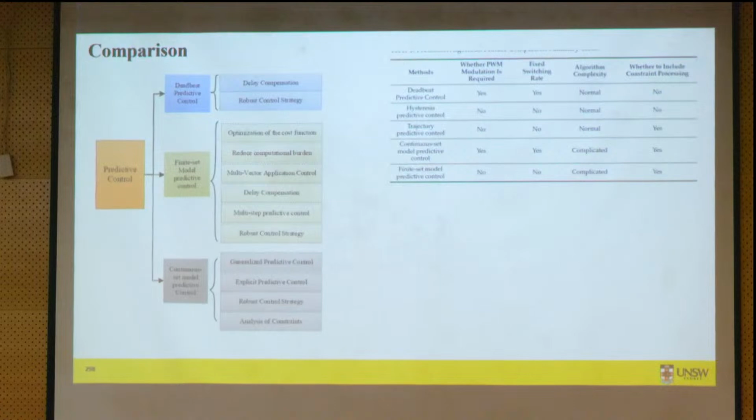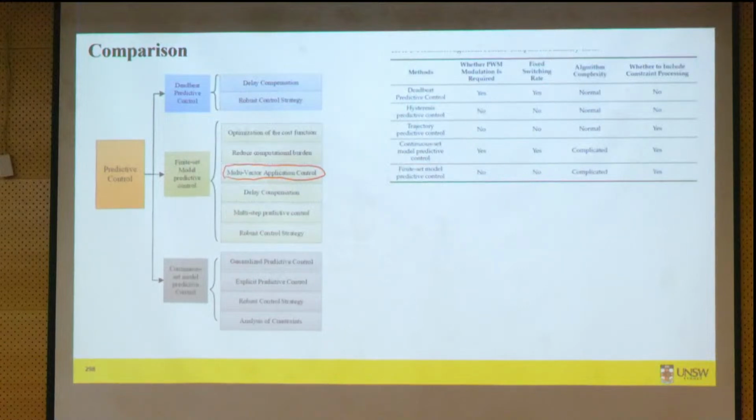One is the deadbeat predictive type. The other one is finite set model predictive control, under which we have multi-vector application. So remember, we talk about applying only one optimum space vector.